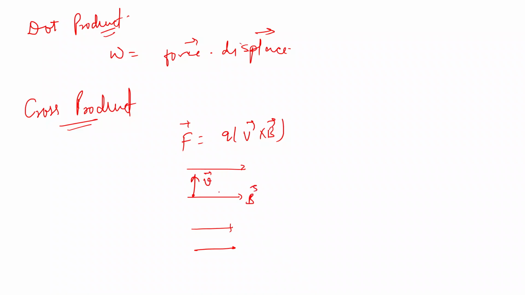Now our purpose is to find out the direction of the force experienced by this particle due to the magnetic field. By using the simple right hand thumb rule, you can find the direction of the force from v cross B, and you can represent it with this simple representation.